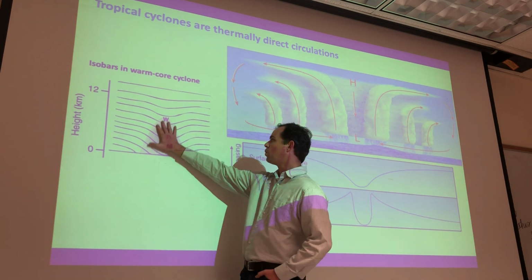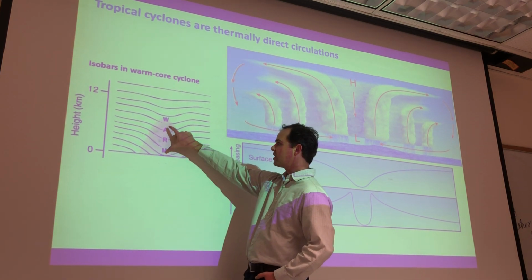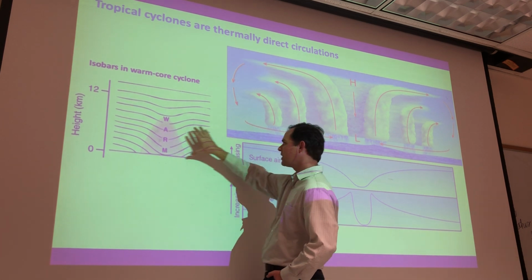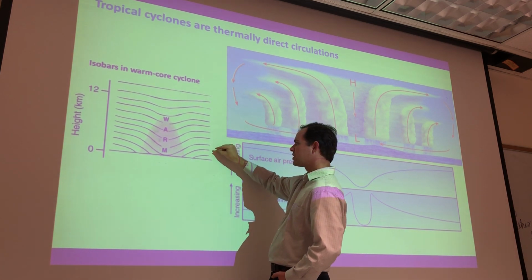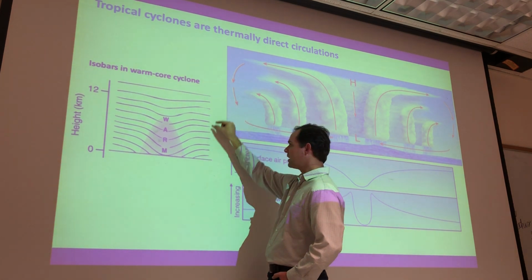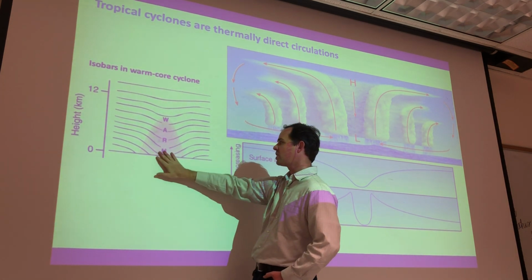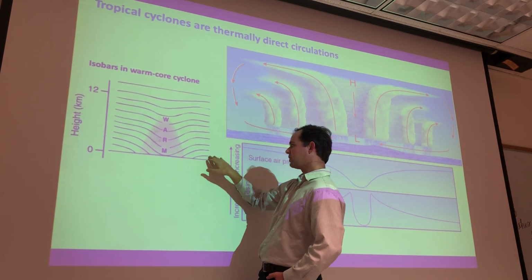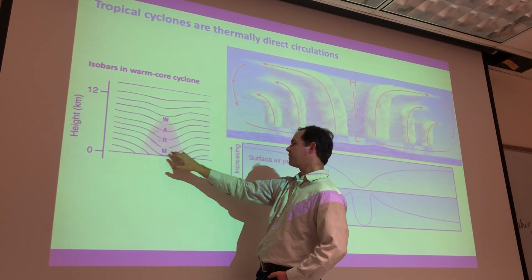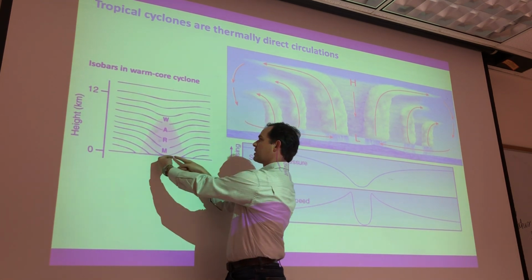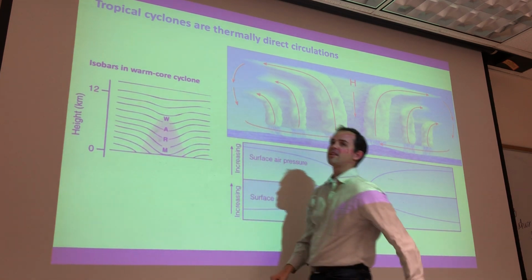Here we have a warm region where the isobars are widely spaced, and this warm air is sitting in an environment in which the isobars outside are relatively more narrowly spaced. As a result, we generate warm, low pressure air in the middle, relatively high pressure air at the surface here. And so we have convergence into the middle, ascent, and divergence at the top.